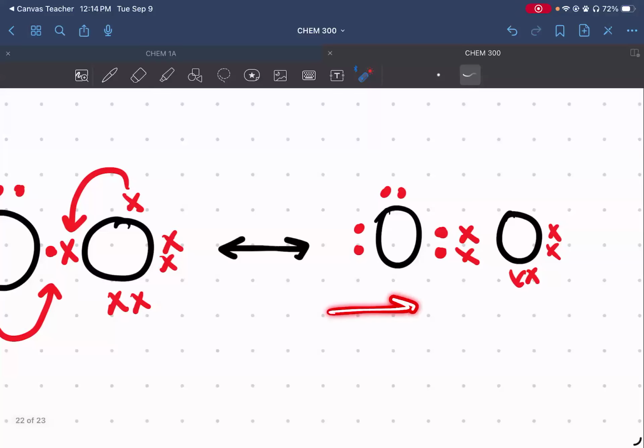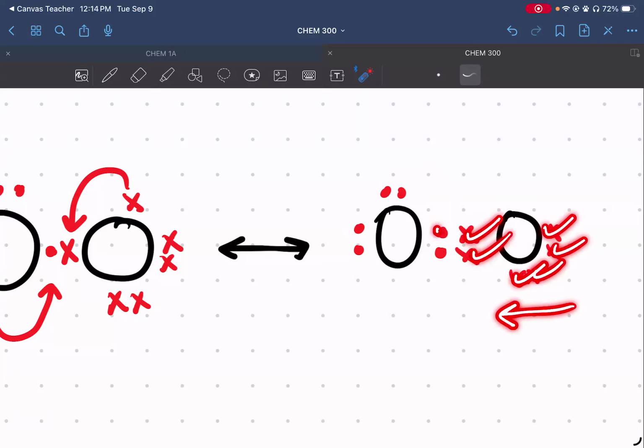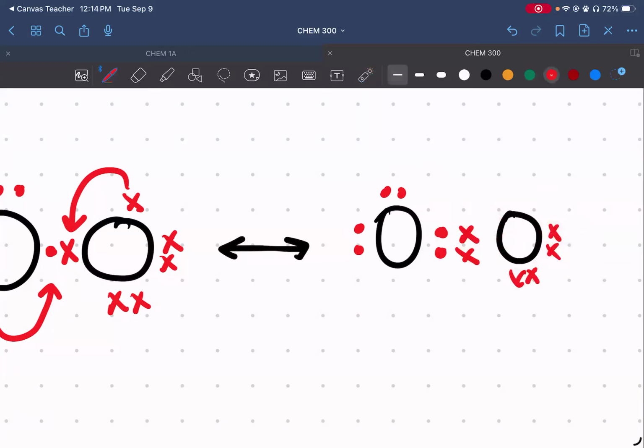From the perspective of the left oxygen, it has access to 1, 2, 3, 4, 5, 6, 7, 8. It's happy. From the perspective of the right oxygen, it has access to 1, 2, 3, 4, 5, 6, 7, 8 electrons. It's happy. Everyone's happy.